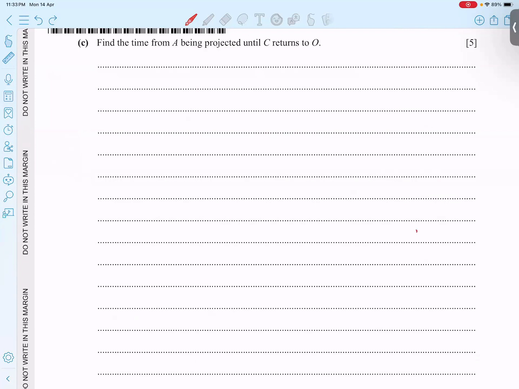The both particles are traveling, and we need the time to being projected until C returns to O.